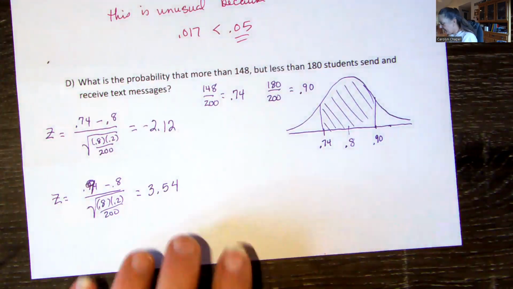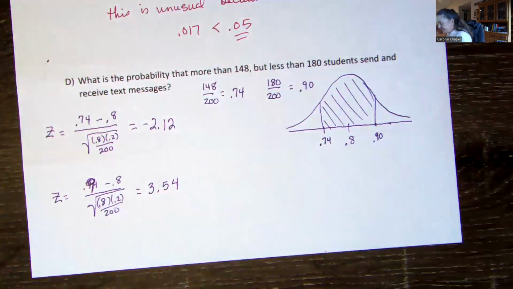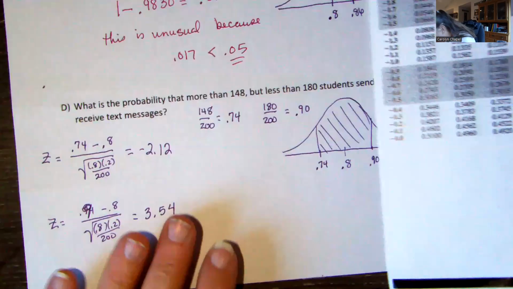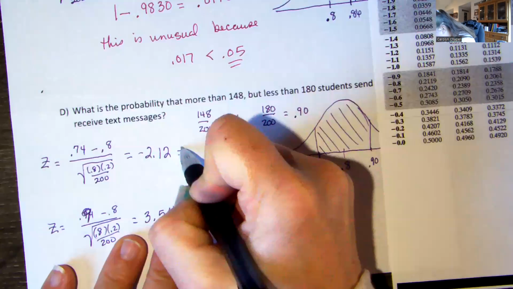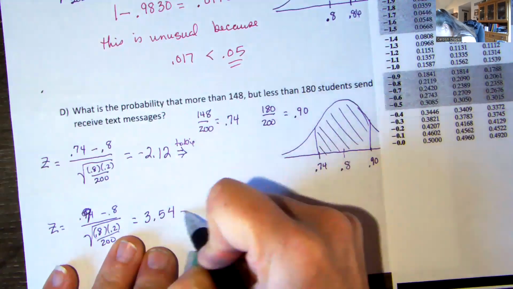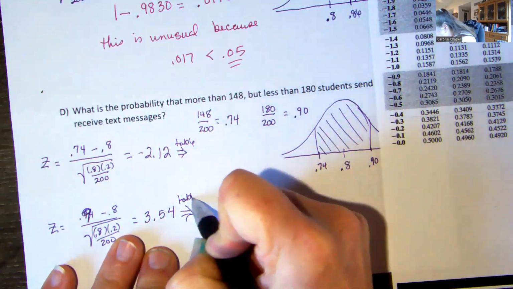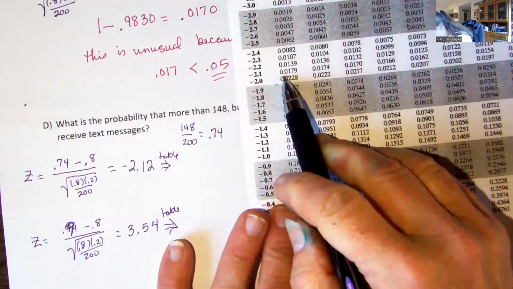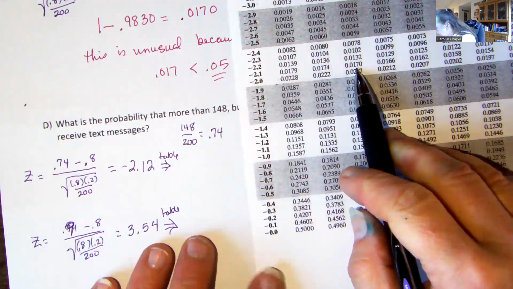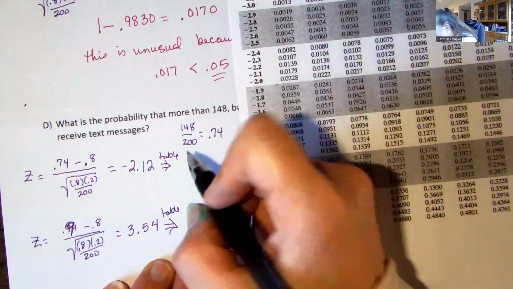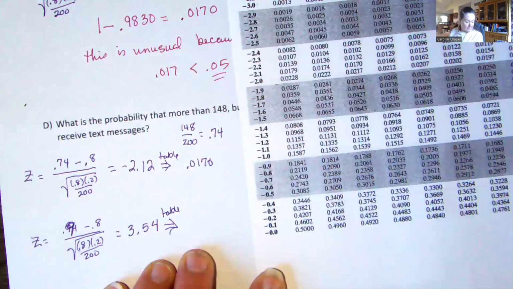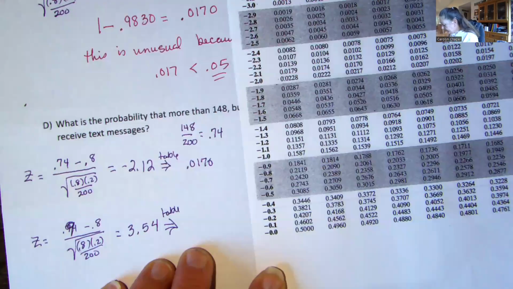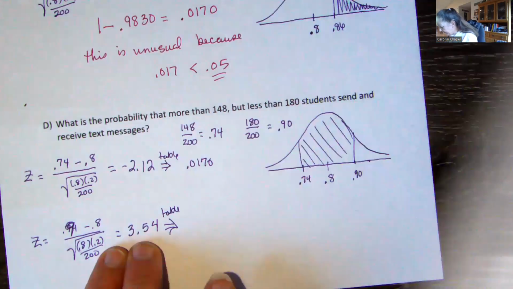Okay, so looking at my pieces, a negative 2.12, so I'm going to the table. A negative 2.12 gives 0.0170. And then I need 3.54.